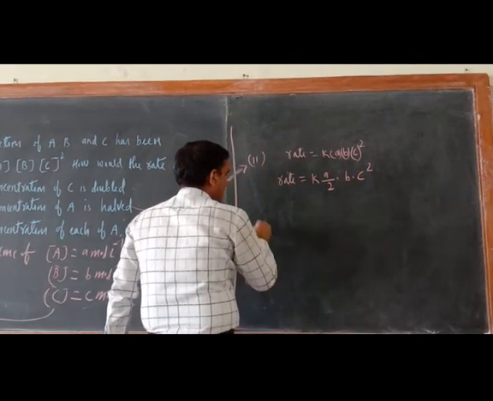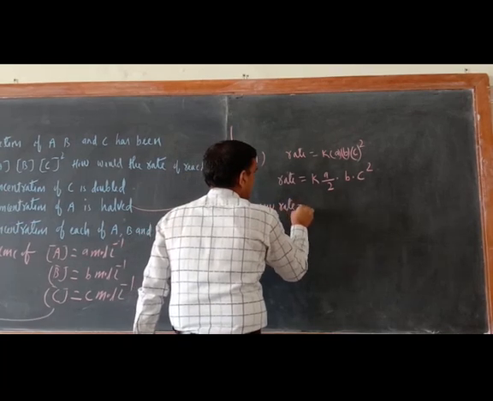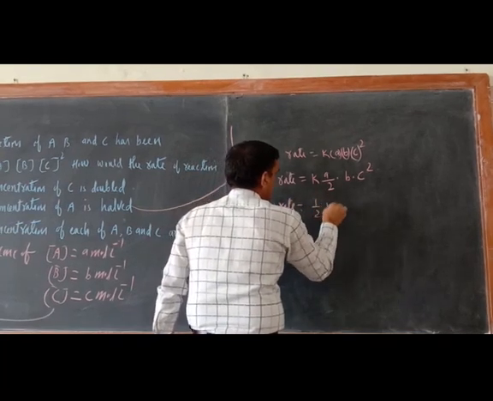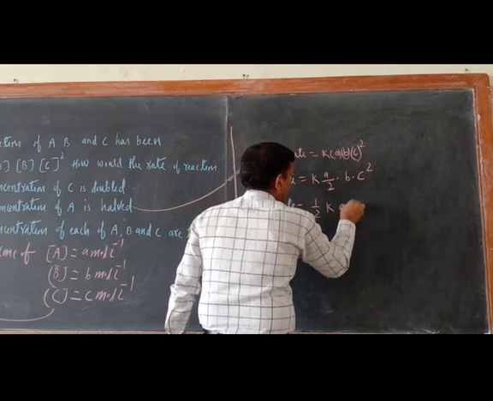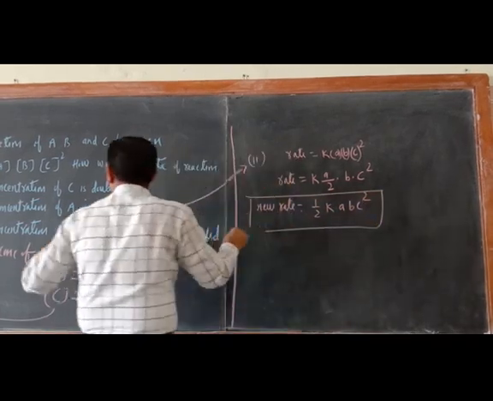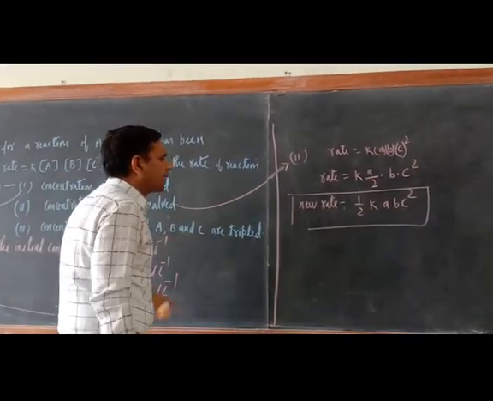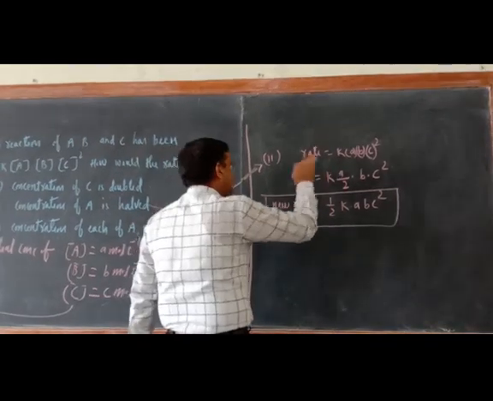So the new rate equal to 1/2 k[A][B][C]^2. So if you halve the concentration of A, the new rate would be half of the initial rate.